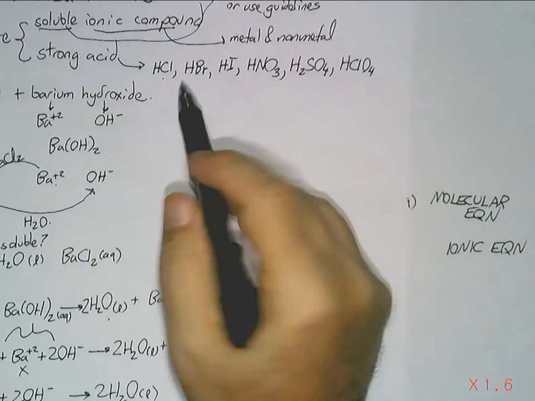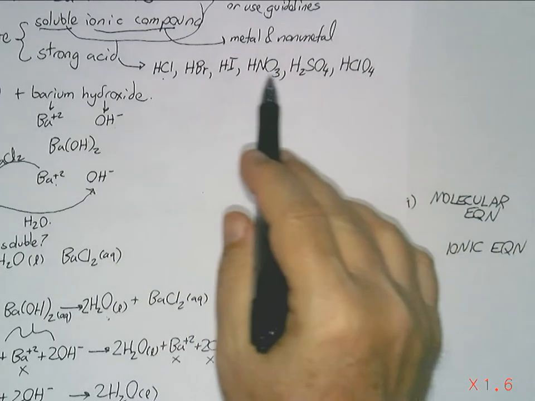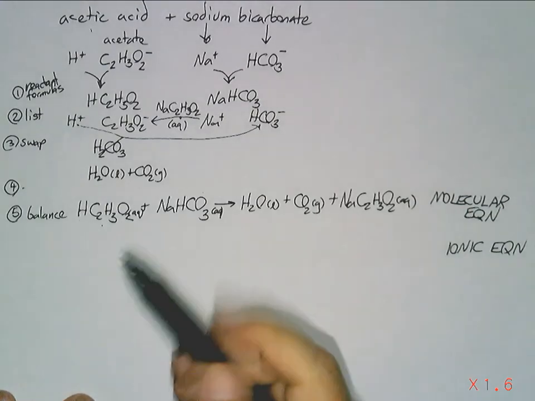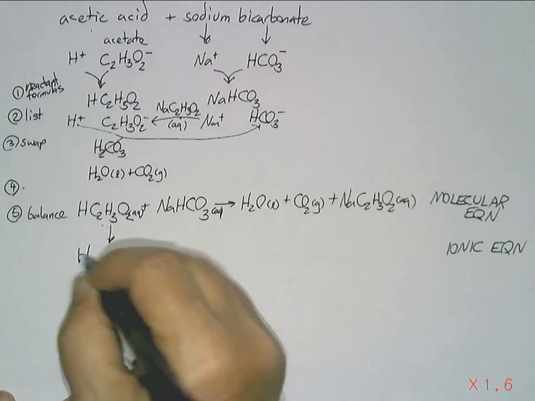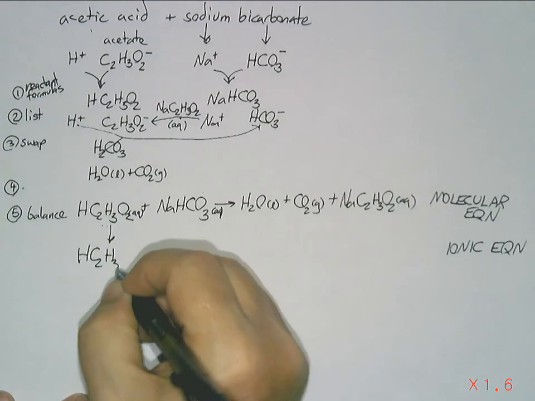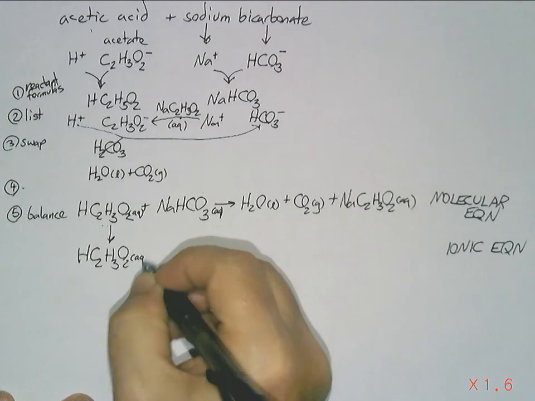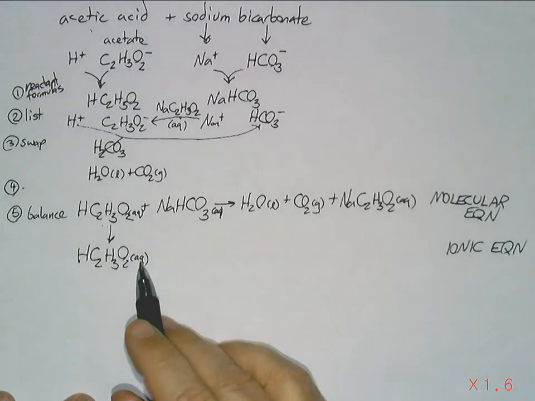So you look at your strong acid list here, and acetic acid is not on that list, and that means it's a weak electrolyte, and that means that you're going to have to just bring it down just the way it is. So you can't break it up into ions in the ionic equation.